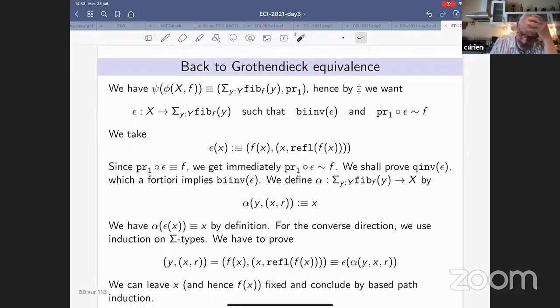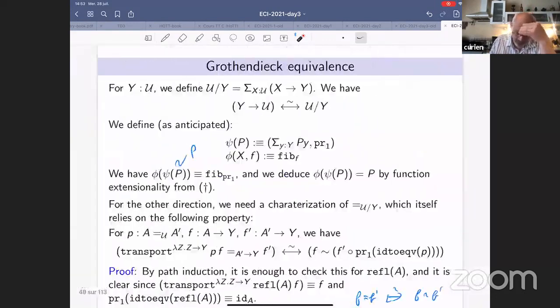But let us first see what psi of xf is. If you remember, phi of xf returns a fiber, and then you take PR1 over this family. Here you have this total type, and PR1.